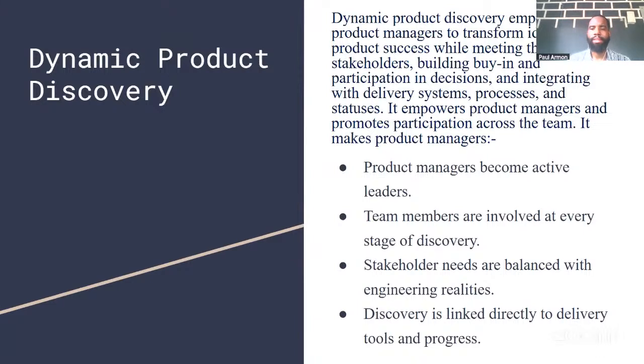Stakeholders' needs are balanced with engineering realities. Same thing: when information is flowing freely through the organization, top to bottom, bottom to the top, the engineering teams are going to be able to make inputs earlier. So while the product managers are doing their discovery, they'll be able to tell them that this is feasible, we can't do this with this one, we can do it with this one.